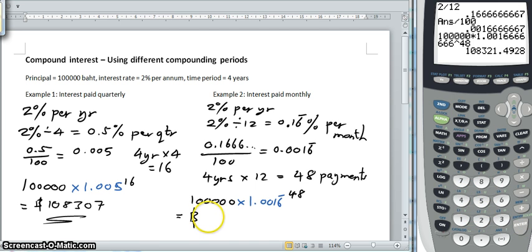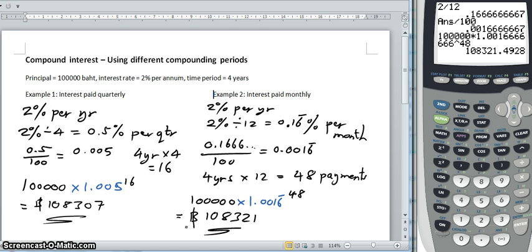Alright, so this gives us 108,321.5. Let's call it 108,321. Okay. So it might not seem like a big difference, but there's definitely a difference there. Alright. So you've got 108,321 as opposed to 108,307.